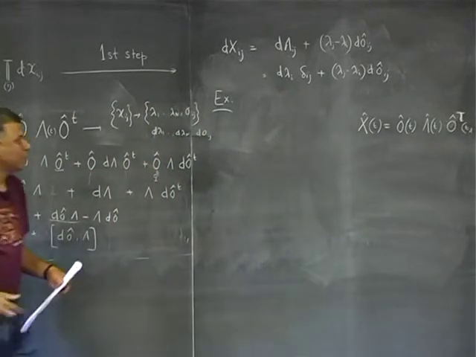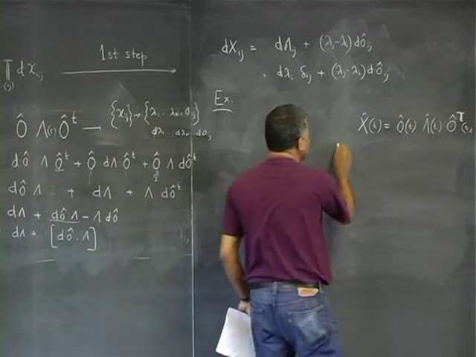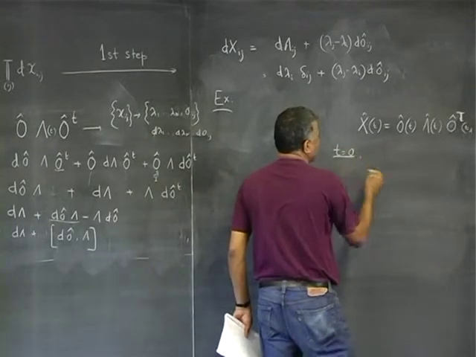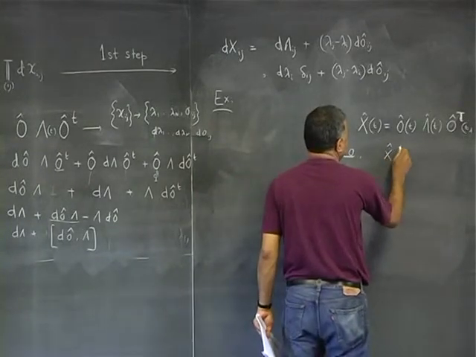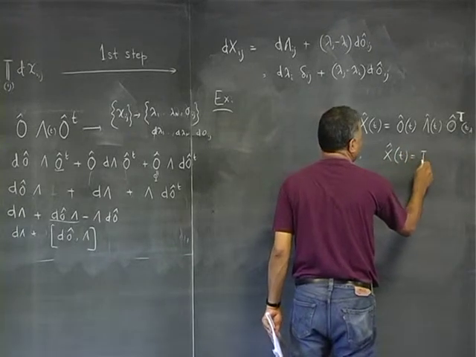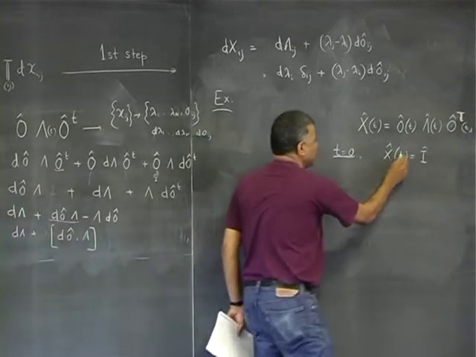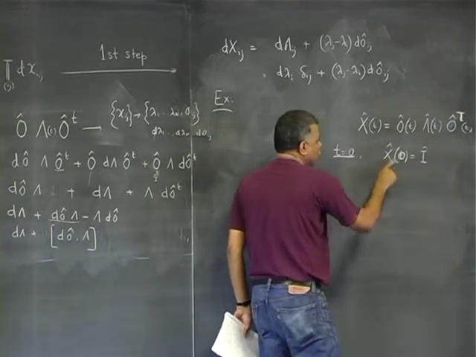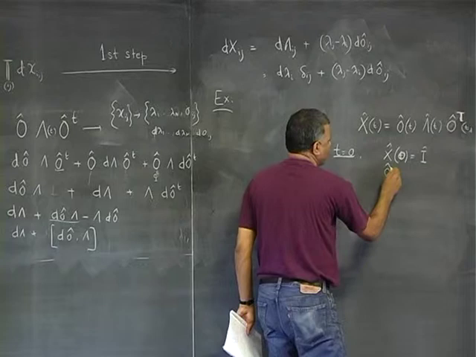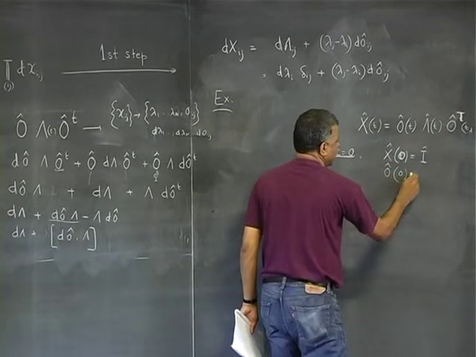You have x_t, O_t, and this is the transpose. So you started at time t equal to 0. You started out with x of t being the identity matrix. At time t equal to 0, your matrix O was the identity also.